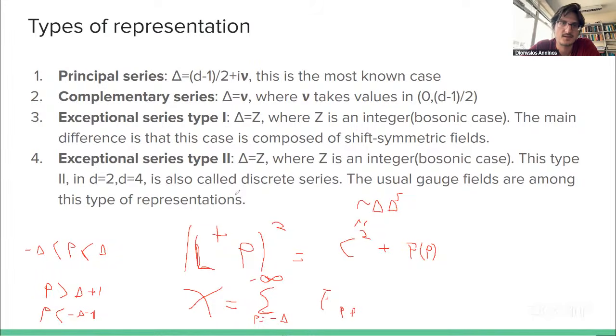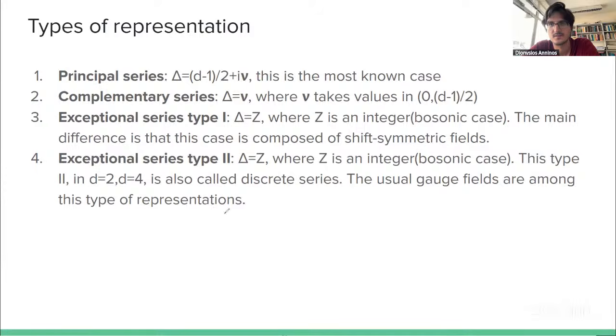The other question I had on this slide is, from a group theory point of view, again, the distinction between type 1 and type 2. Is there a way to refine their distinction without referring to the fields? So type 1 and type 2 are separate, even though they have the same values of delta.